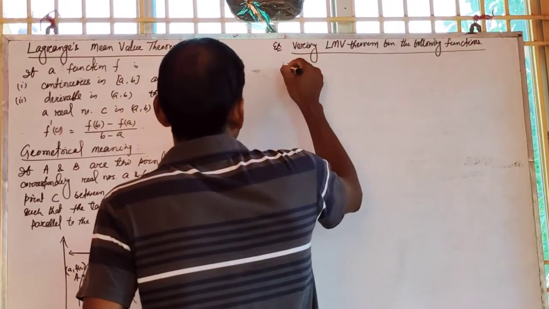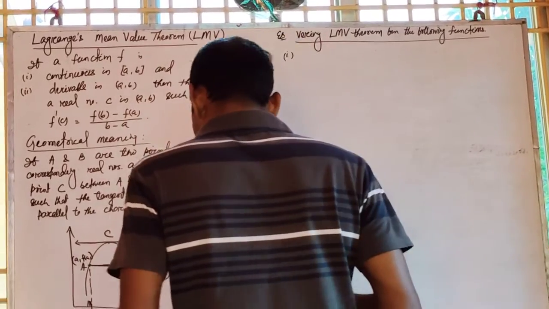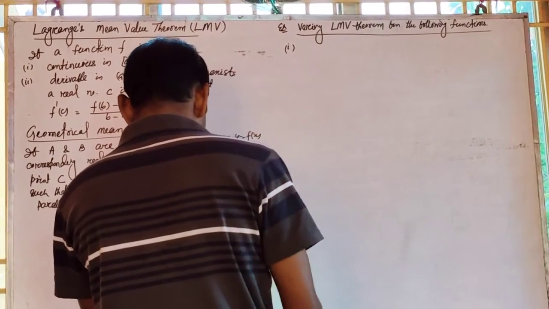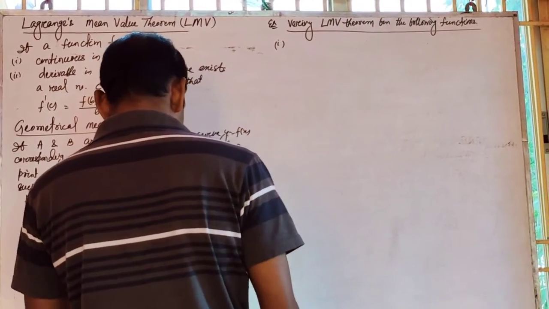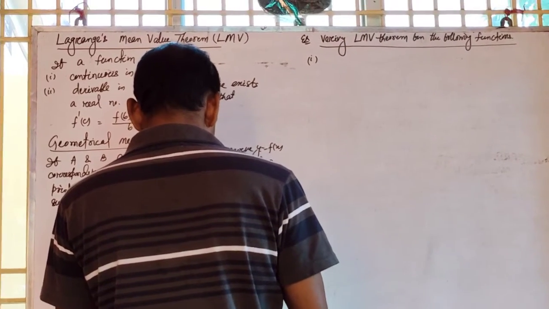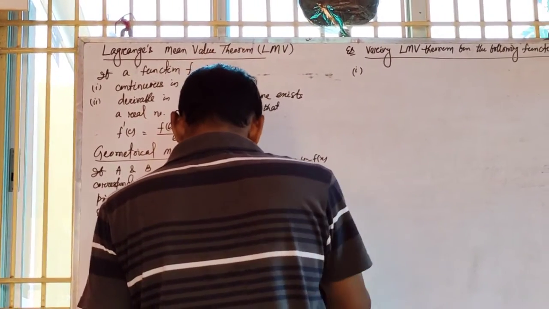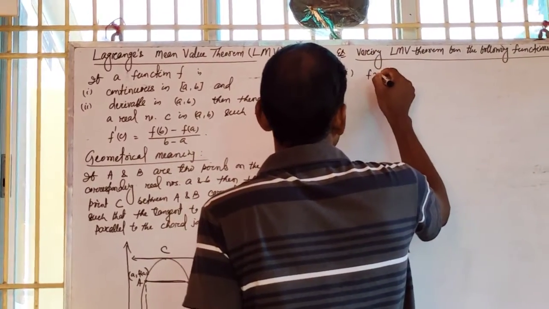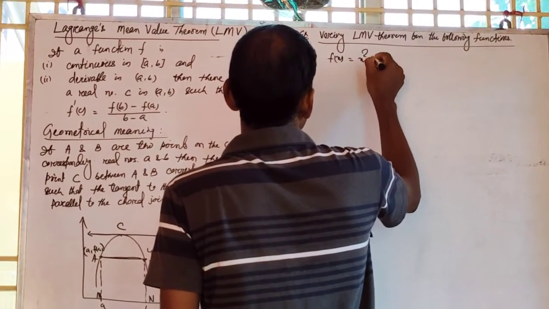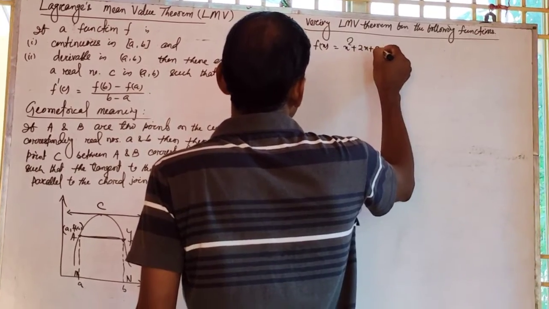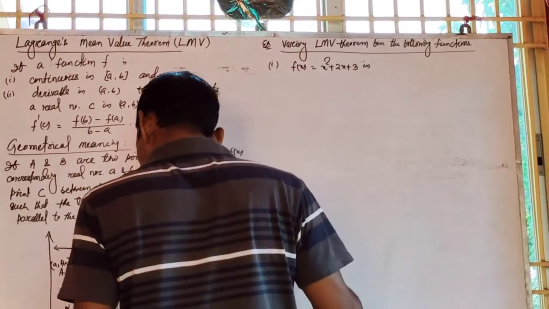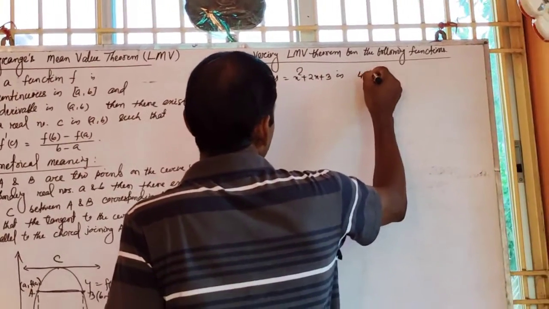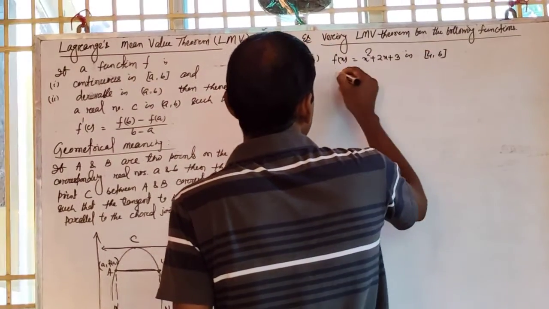First, f of x equal to x square plus 2x plus 3 in the closed interval [4, 6].